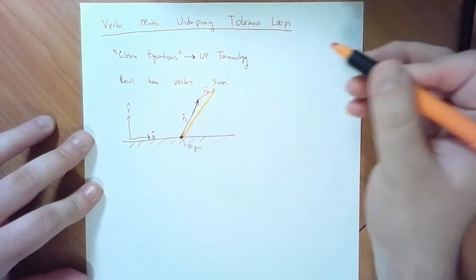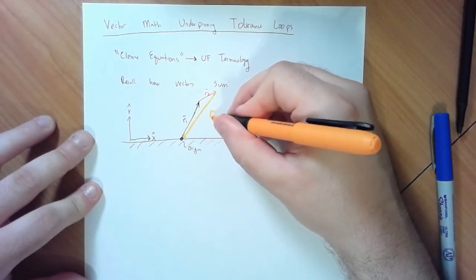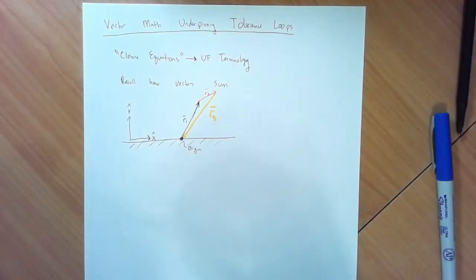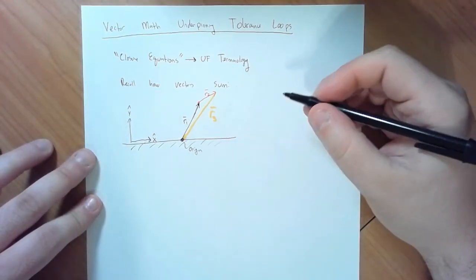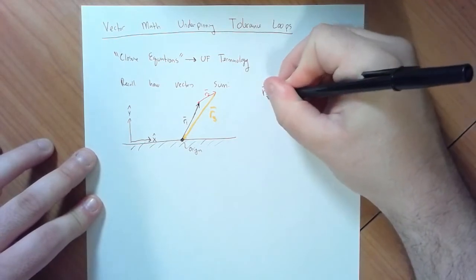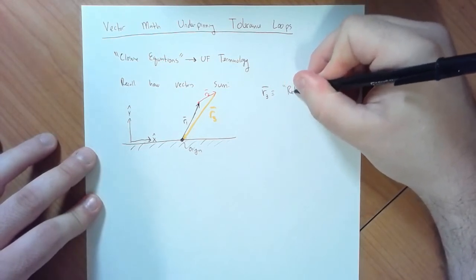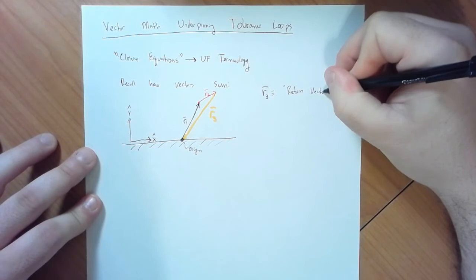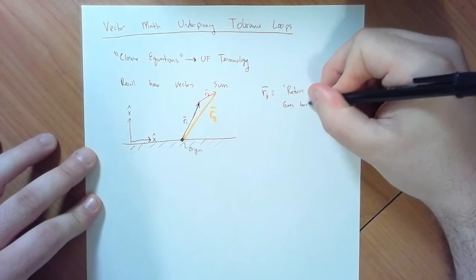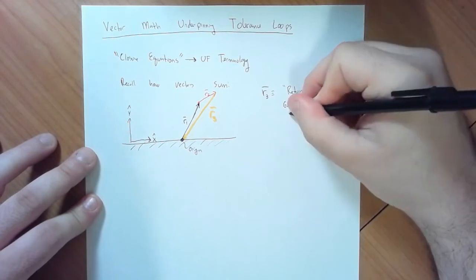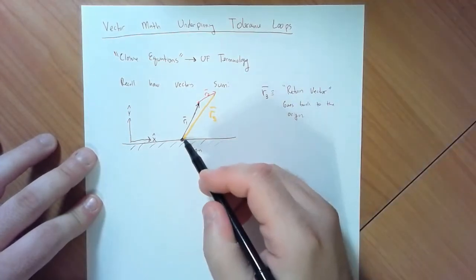So this third vector goes all the way back to the origin, and we're going to call that guy R3. Now, I'm going to just remind myself that R3 is called the return vector. It's slightly different than the others in that it goes back to the origin. Okay, so it goes back to the origin and stops there.